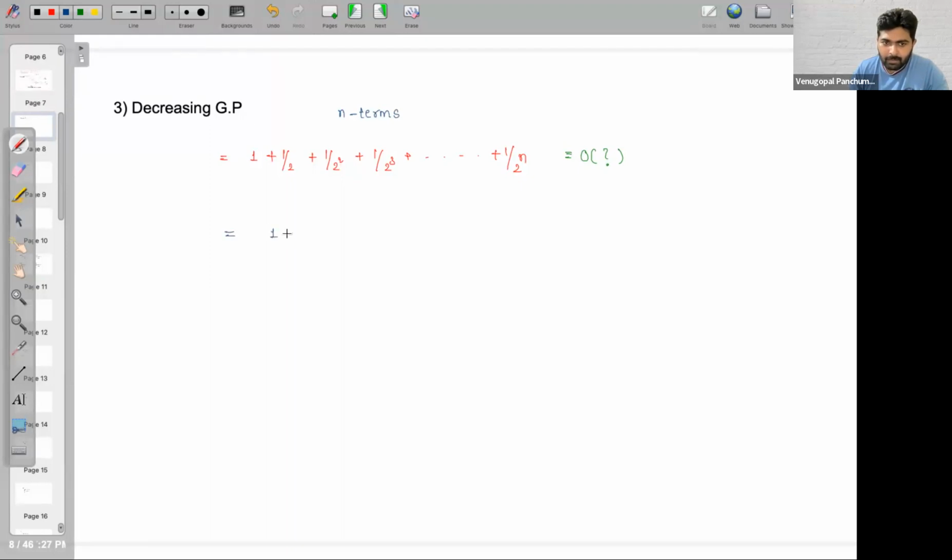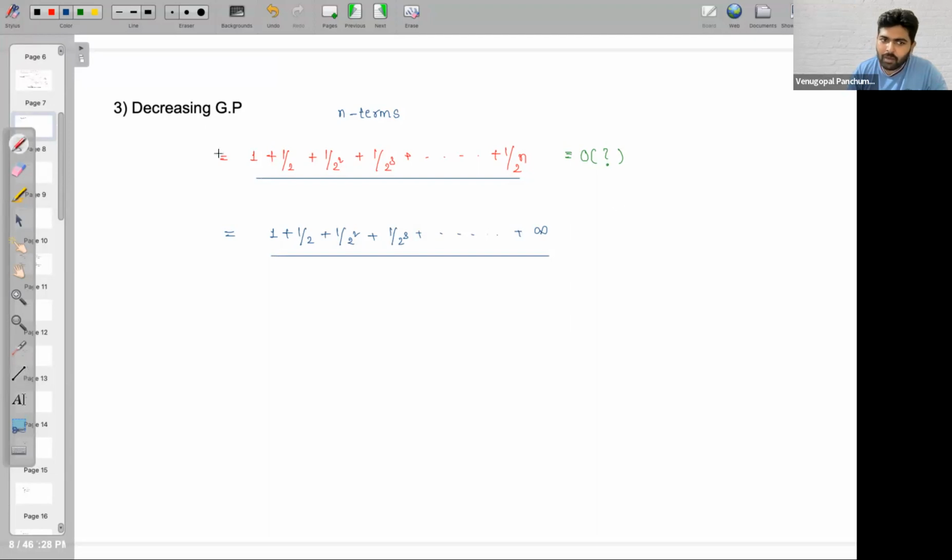That is 1 plus 1 by 2 plus 1 by 2 square plus 1 by 2 cube and so on up to infinity. They are just asking for n terms only, but I want to find out for infinite terms.